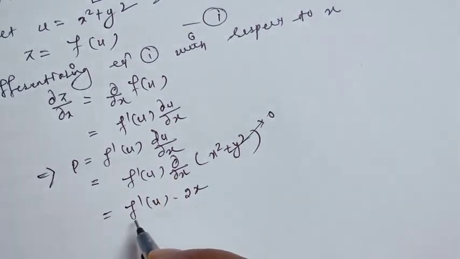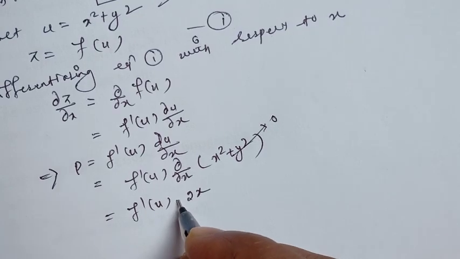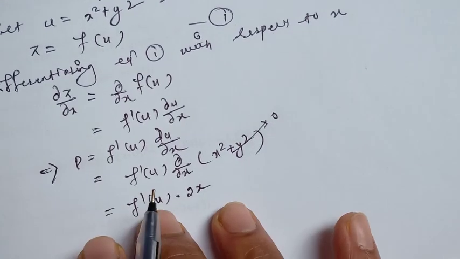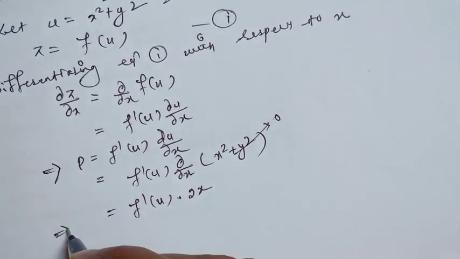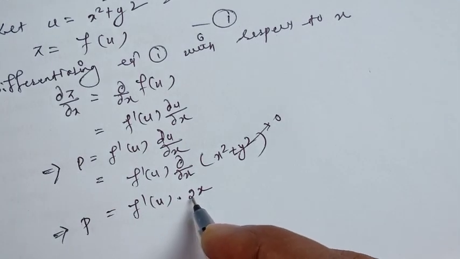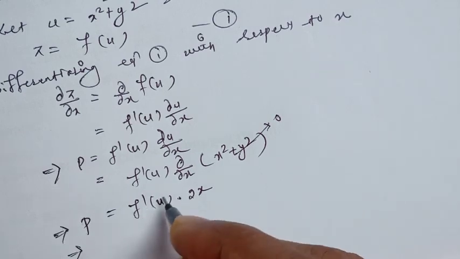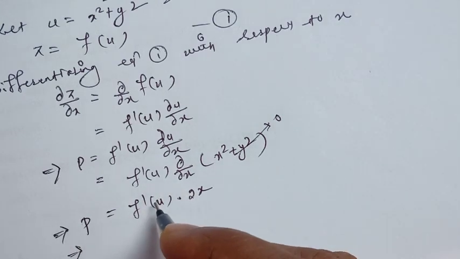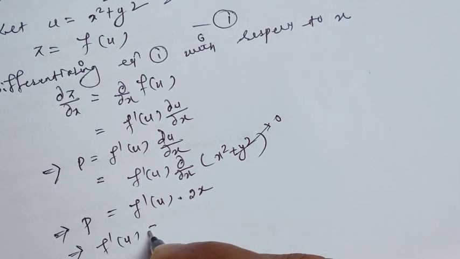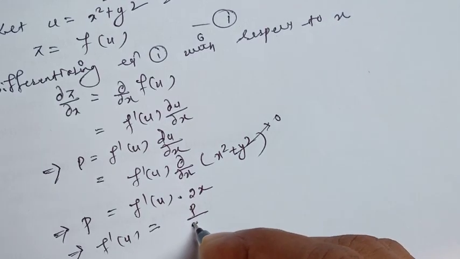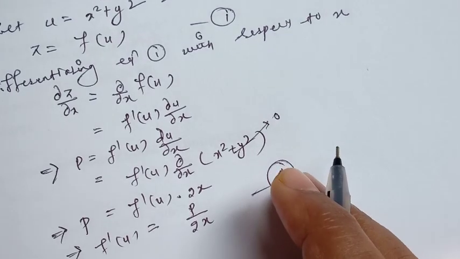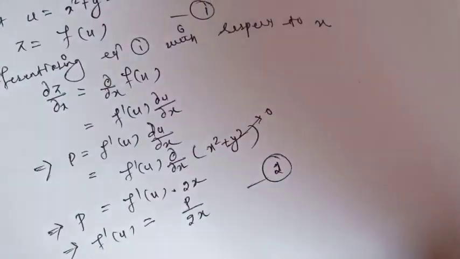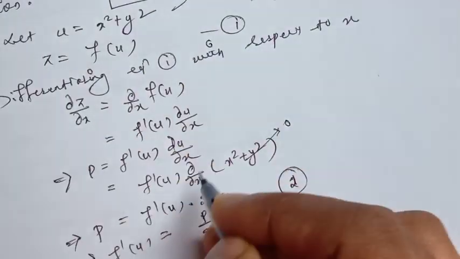So f dash u into 2x. Here we know that p is equal to f dash u 2x. So from this equation f dash u will be p by 2x, and this is equation number 2. I hope you understand this expression, students.